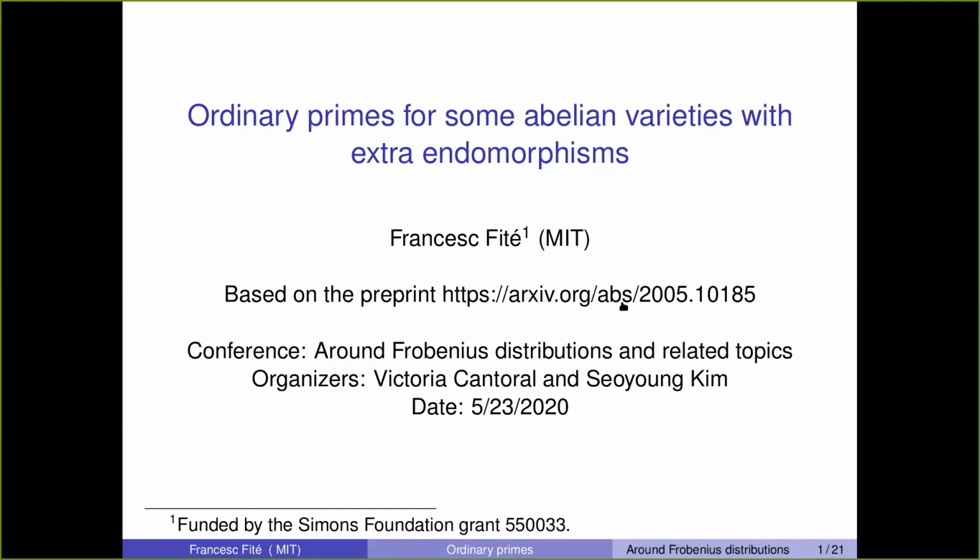I want to apologize to the experts because I decided to keep this talk very basic and very friendly to graduate students and young researchers. So I will give many definitions that for sure many of you know.